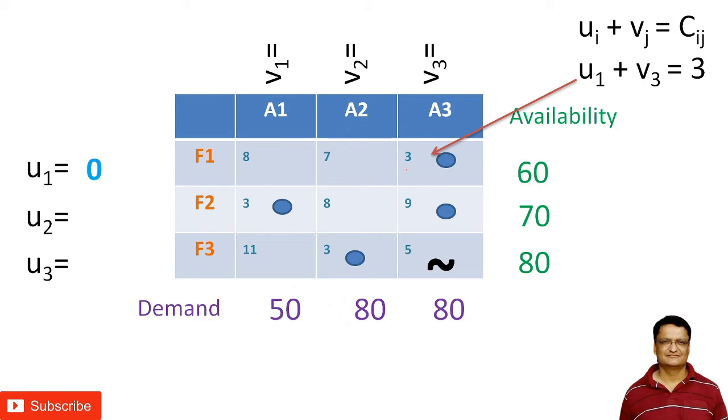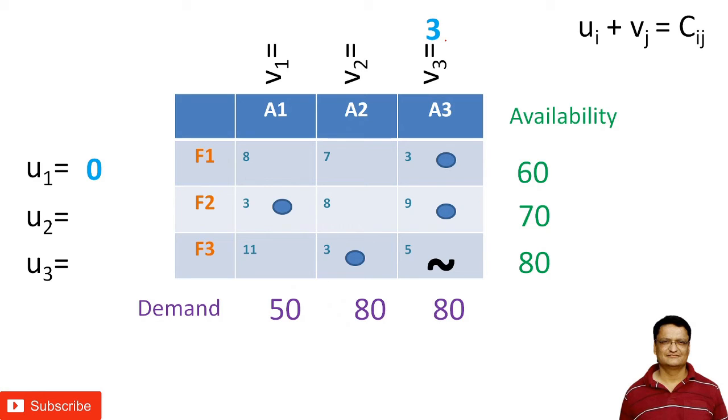So let us try to understand it one more time. What is Cij? Cij I have considered to be 3, and the corresponding i is 1 and the corresponding j is 3. So I can say that u1 plus v3 is equal to 3, and I know the value of u1, I know the value of Cij which is 3, and with the help of this formula I can find out the value of v3 is equal to 3.